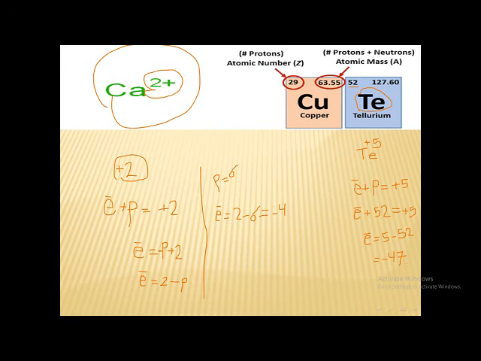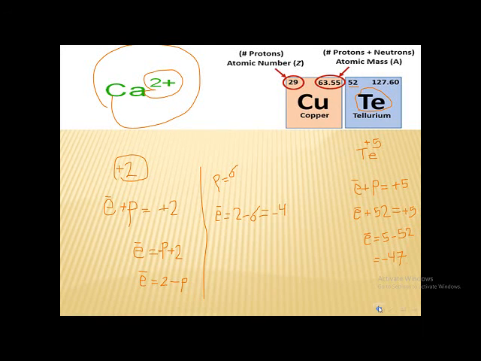So that means we decrease the number of electrons for this calcium atom by 2. So for any number of protons, the electrons will be decreased compared with it by 2. So the difference between electrons and protons is 2, because we have this charge here.